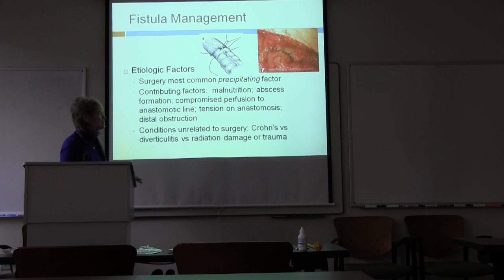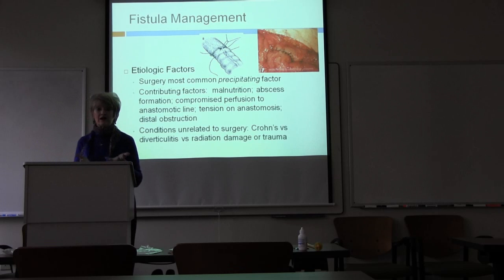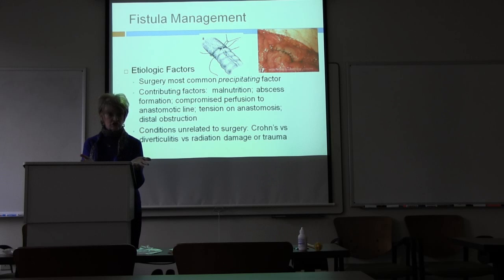Now, in looking at causative factors, it's not surprising that surgery, bowel surgery, is the most common precipitating factor for fistula development. Because when a patient undergoes bowel surgery, of course, they divide the bowel to take out a section, the diseased section, and then they do an end-to-end anastomosis.